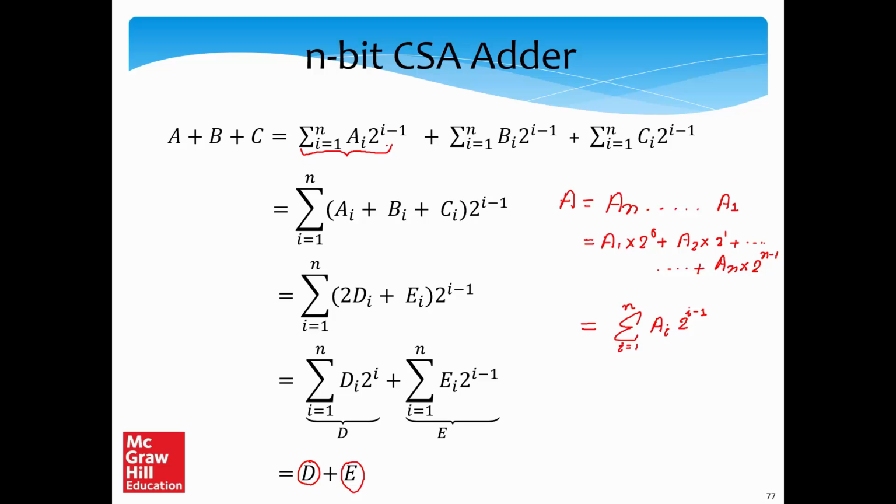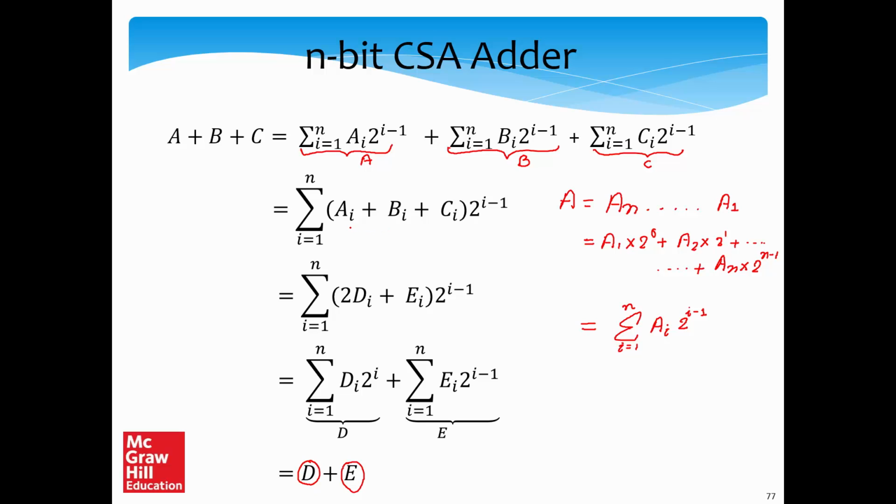This number here is A. Similarly, we can express B in the same way as a sum of powers of 2, each power multiplied with the corresponding bit of B, and we can do the similar thing for C.